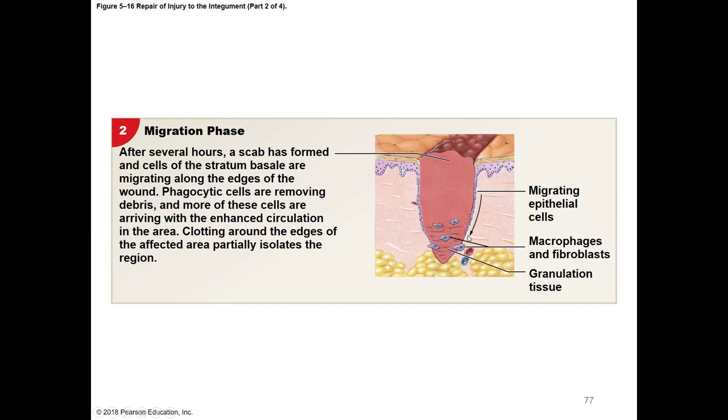So we're going all the way down. And we're going to go down and get under that cut, actually. Meanwhile, phagocytic cells are removing debris, and more cells are arriving with the enhanced circulation or inflammation.